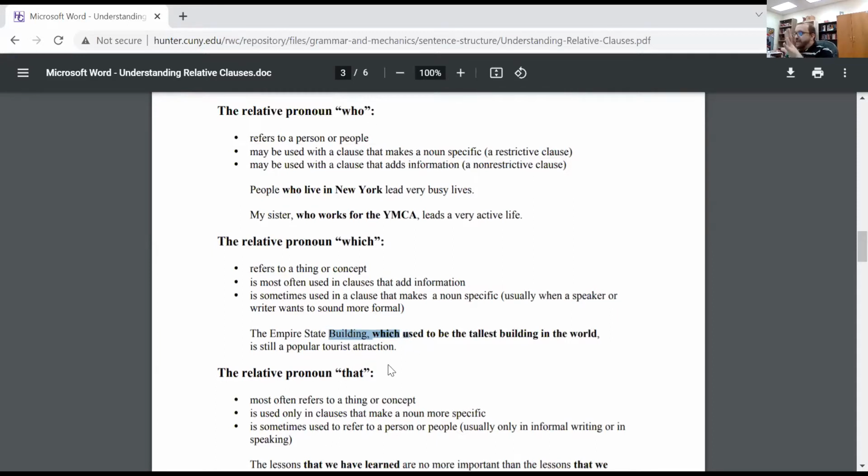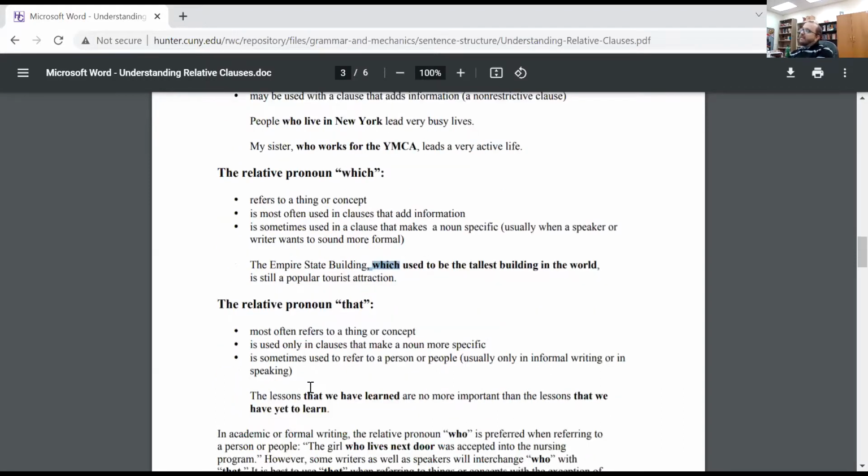That's when you use which here. So the Empire State Building, which used to be the tallest building in the world, is still a popular tourist attraction. So you use the which here because it's extra information that can be omitted from the sentence and it still makes sense. And anytime you use the which, it has to go with a comma. A comma has to precede it. Okay, so anytime you use which, you always have to have a comma.